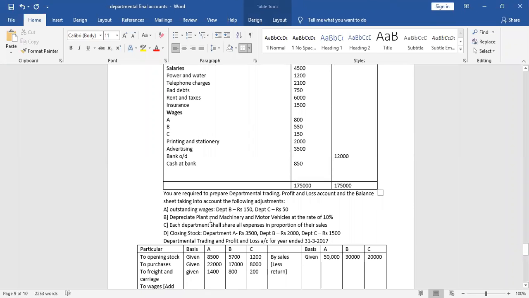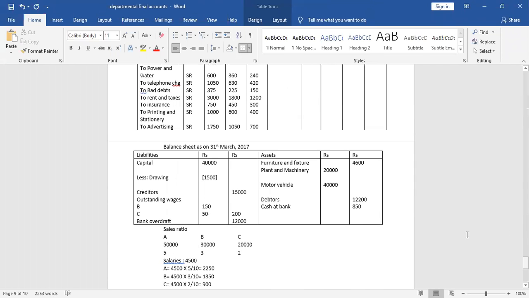Now depreciate plant and machinery and motor vehicle at 10%. The next adjustment: for both of them depreciation is 10%. So less depreciation 10%, it will come 2000. This will become 18,000.